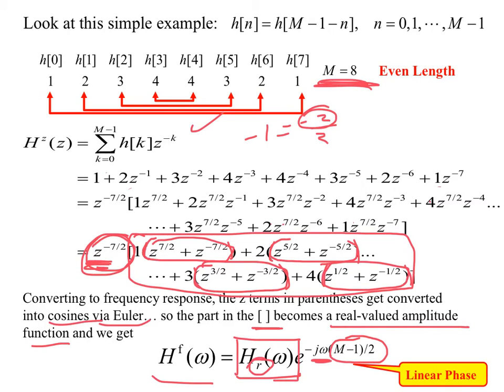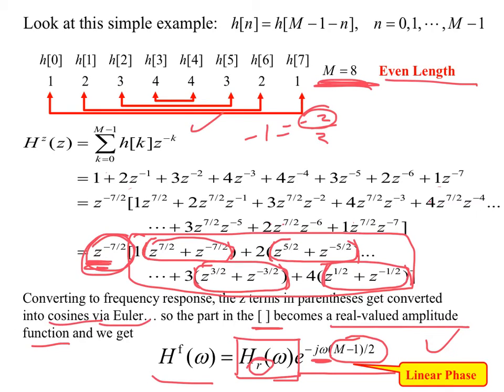So there's our amplitude function times the part that gives the complex nature of it, and that ends up looking like it has a linear phase. And so what we've just shown is that if we have even length with this positive sign symmetry, we, for this example, got linear phase.